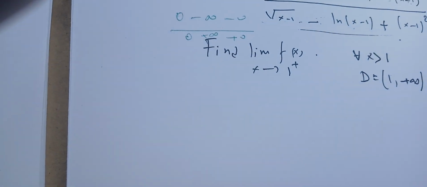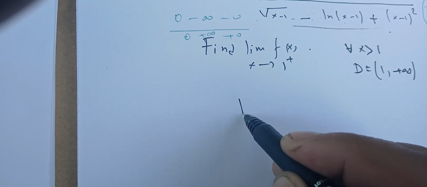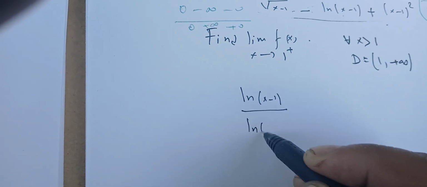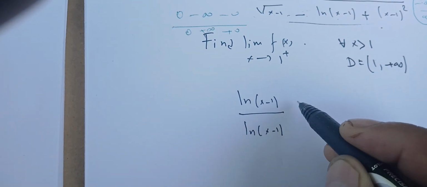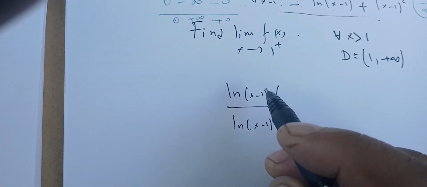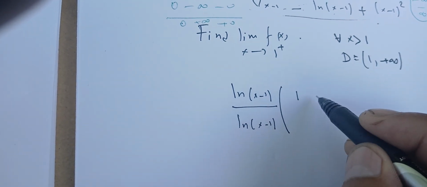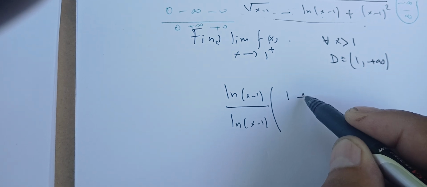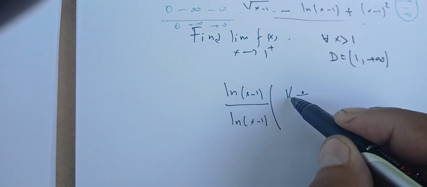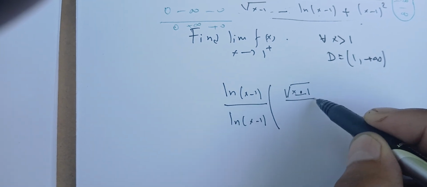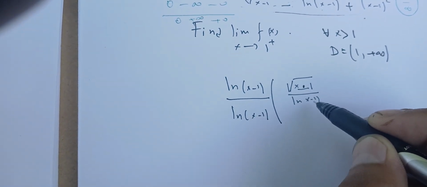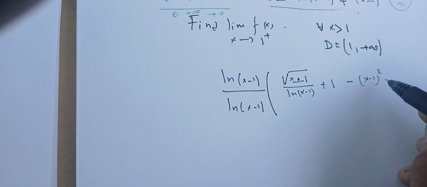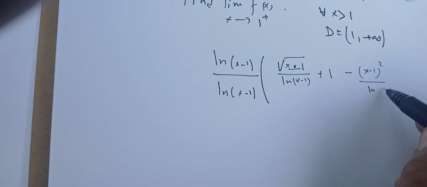Once we do that, we're gonna have this written with the natural log of x minus 1 on top and bottom, and we're gonna cancel that. So we have 1 plus the square root of x minus 1 over the natural log of x minus 1, plus 1 minus x minus 1 squared over the natural log of x minus 1.